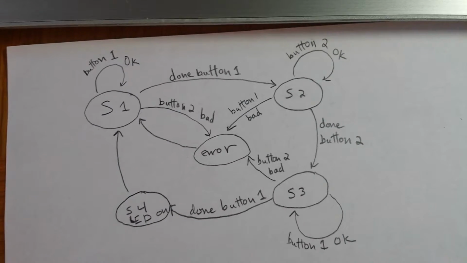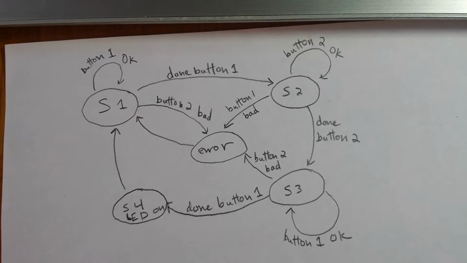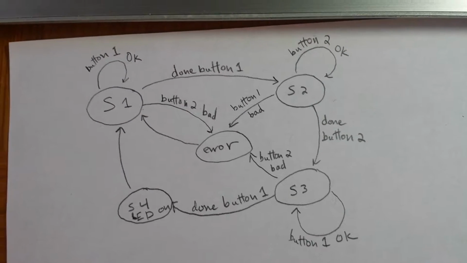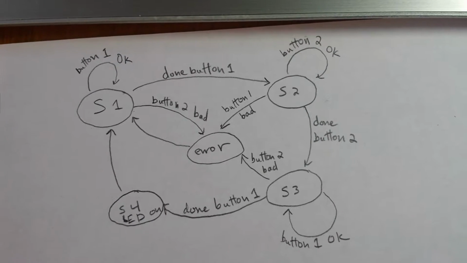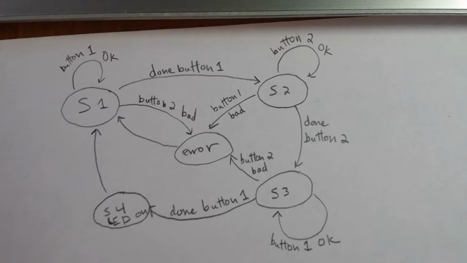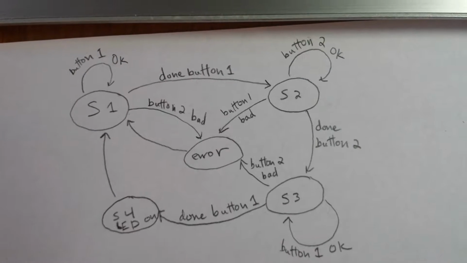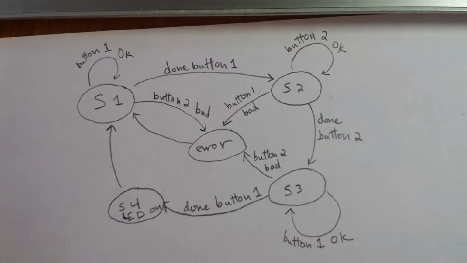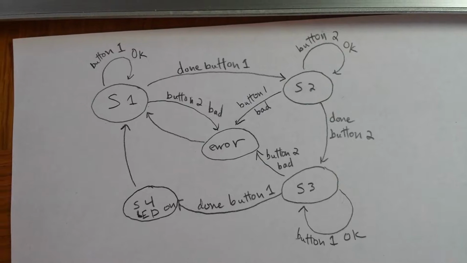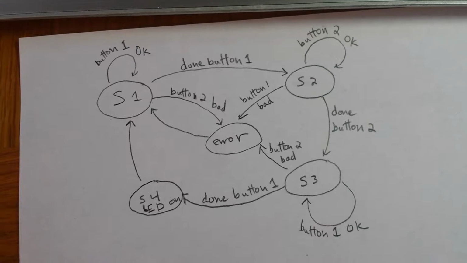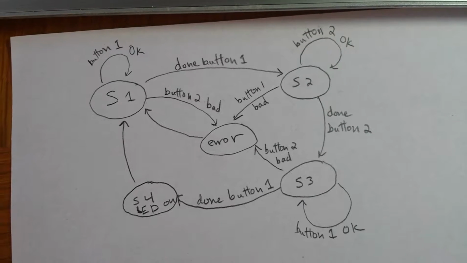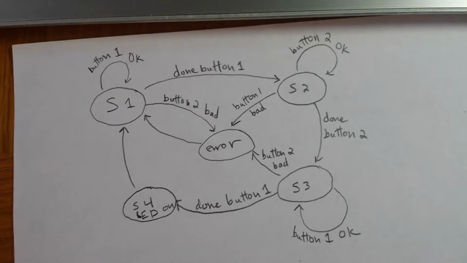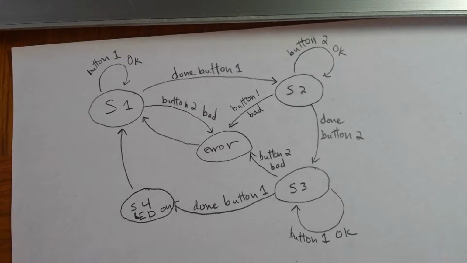And if in any case you're expecting a particular button up until the proper count of button presses, then that wrong button press would lead to the error state, which is shown in the middle. And that essentially flashes a message which is a prelude to reinitializing the state to state 1.